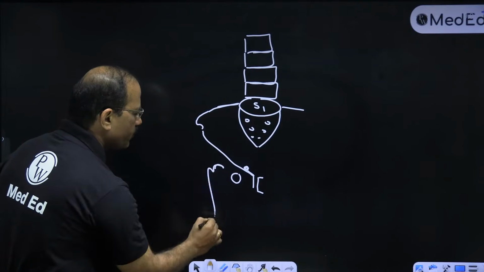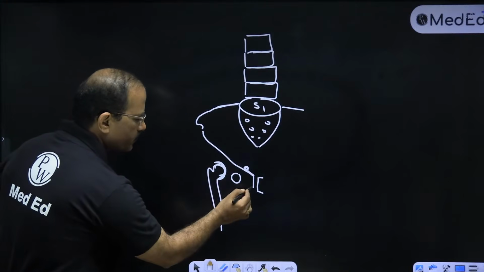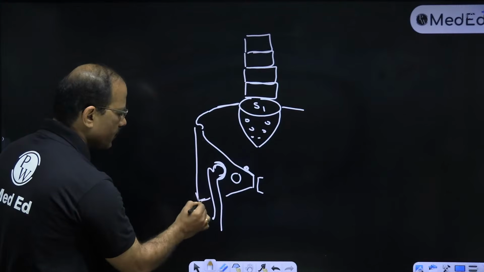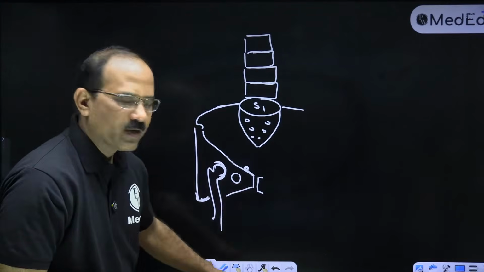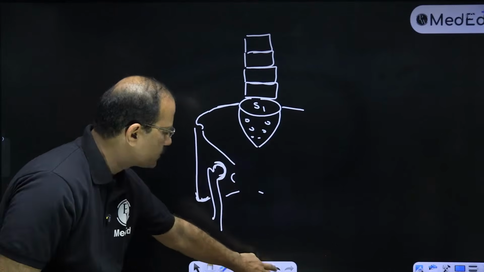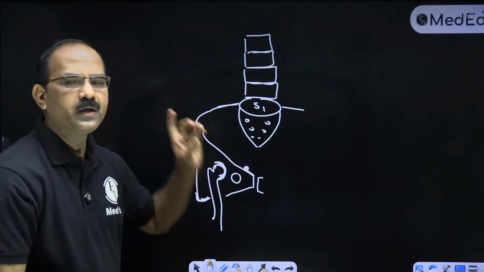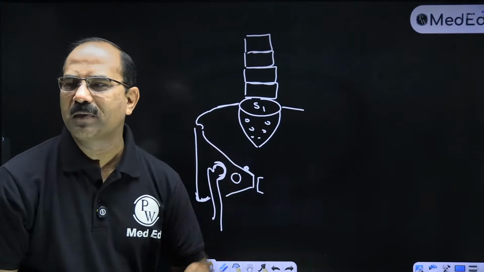This is the femur in the acetabulum, this will be the acetabulum. This is the ischiopubic ramus and this will be the ischial tuberosity, at the back. So this is the pubic symphysis, pubic crest, pubic tubercle. This is the superior ramus of pubis, which we call the pecten pubis.